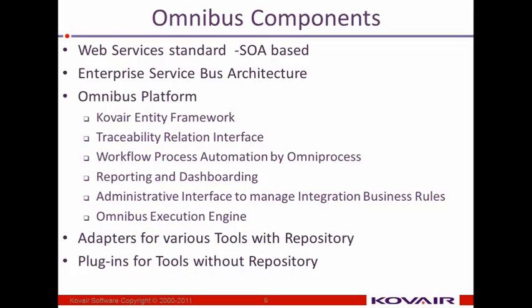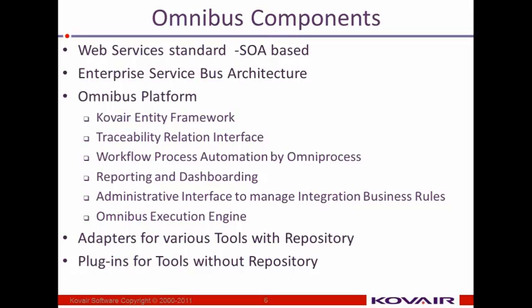So you can create these reports and dashboards very easily. As a matter of fact, we have got 4 different types of reporting engine: HTML, Excel, Crystal, and Microsoft Word. And you can create these different kinds of reports and put them on the dashboard very easily, and you show the different data coming from different tools as well as the traceability relations between them.